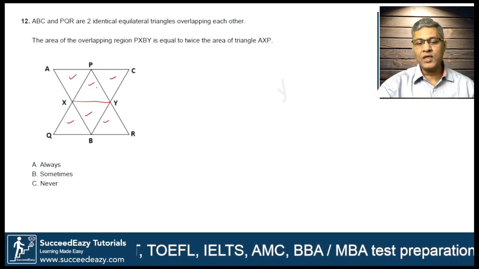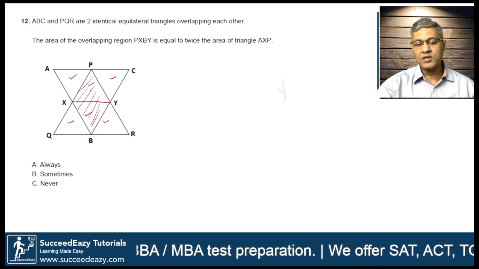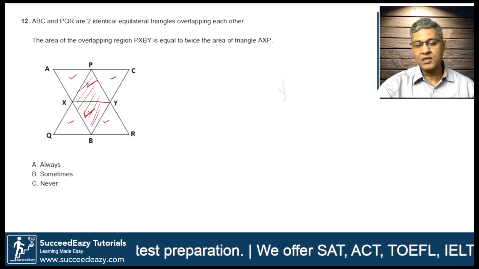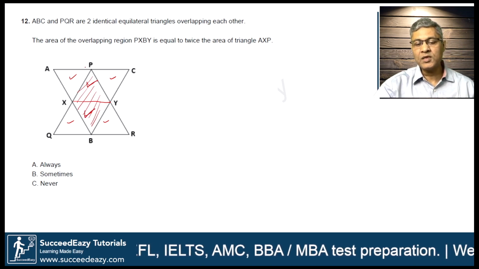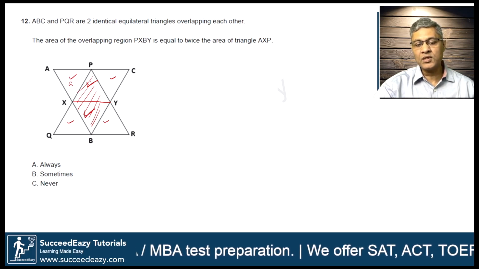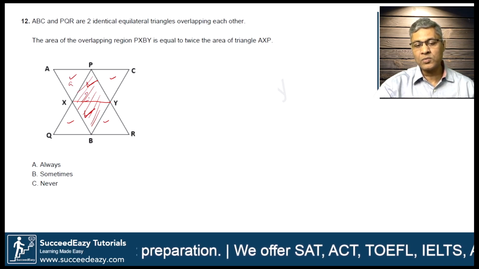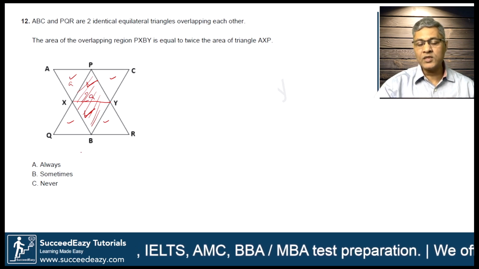And if that be so, then the area of this quadrilateral should be, because it is made up of 2 triangles which are congruent and again congruent to triangle AXP, and therefore if this is, let's say, A, then the area of the quadrilateral should be 2A. That means it should be equal to twice the area of the triangle, and it should always be true.